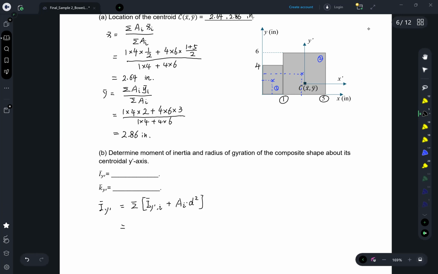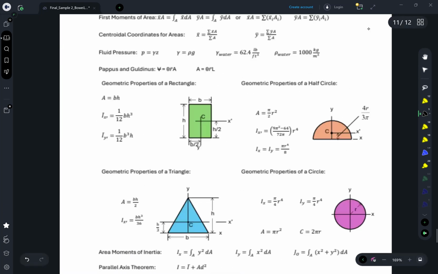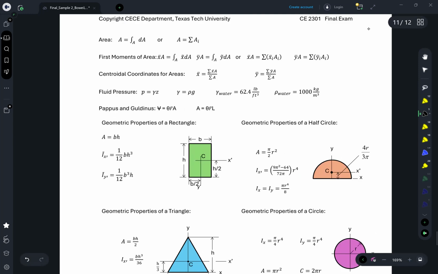Now for the first area, the first rectangle here, the centroidal moment of inertia about y equals... Okay, so we have that information in our appendix. We see here, about the y or vertical direction, it equals 1 over 12 times b to the power 3 times h.